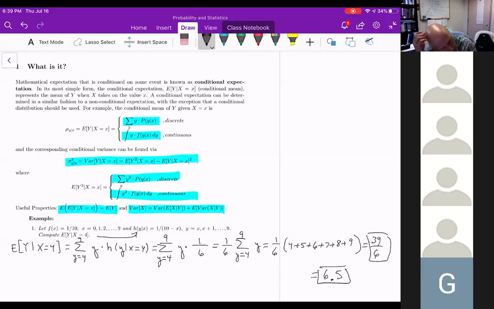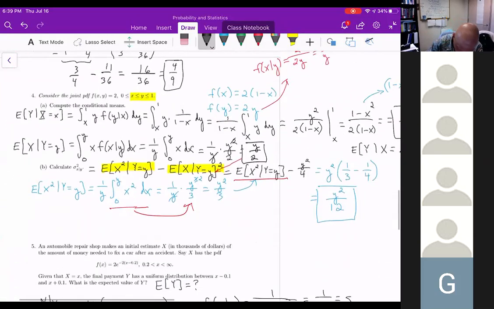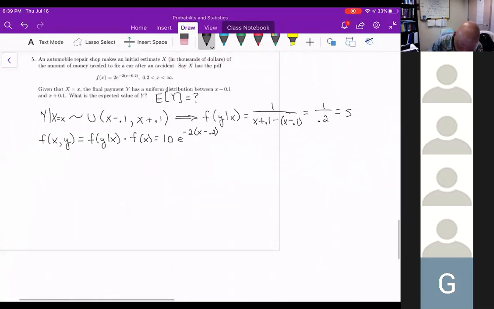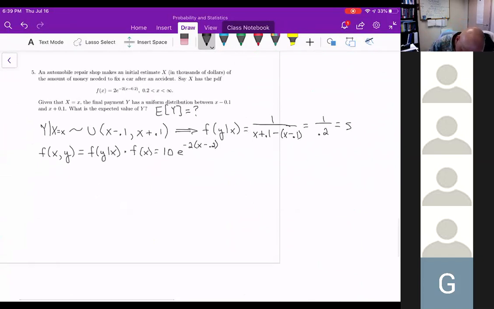So I want to see if I can make use of that. What is the expected value of y given that x is some little x value?